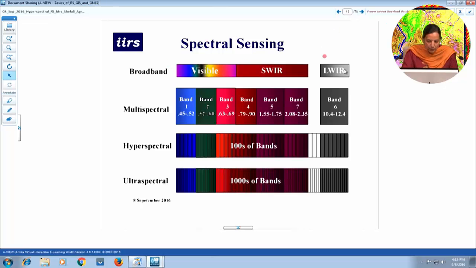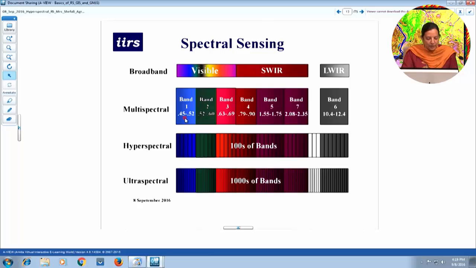This summarizes what is broadband remote sensing, multispectral remote sensing, hyperspectral and ultraspectral. If I say this is my panchromatic, the entire visible region falls into one, we make one observation, which is my panchromatic region. This is broadband. In multispectral, the same visible region is broken down into 3 broad spectral channels, for example 0.45 to 0.52.